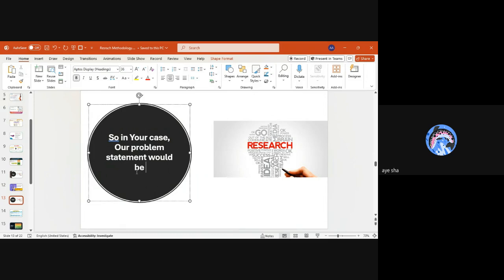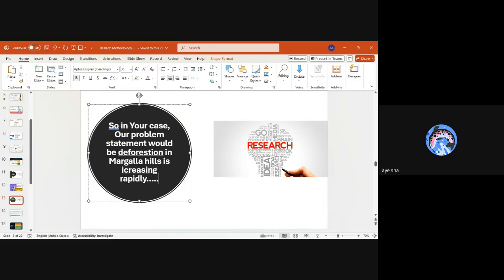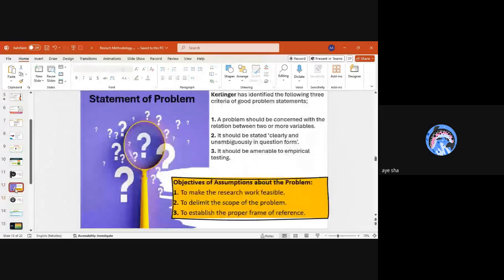So my problem statement would be: deforestation is increasing rapidly, or I could say the number of trees, or the green cover, is decreasing day by day in that particular area in the Margalla Hills. Okay, that would be the problem statement. Just an example, all right?